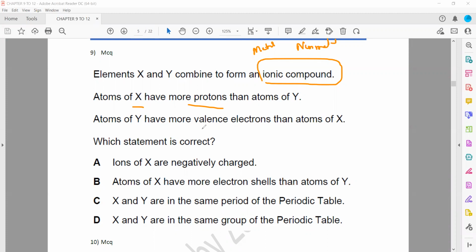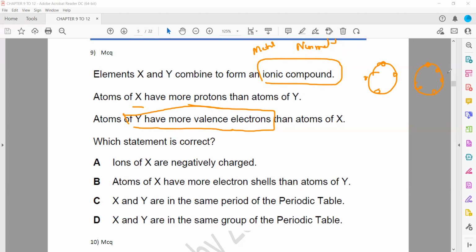Element Y has more valence electrons. When there are more valence electrons, what does it mean? If the number of electrons in the last shell is more, the element is likely to be a non-metal. For a non-metal, group 4, you will find they have 4 electrons. Group 5, you will find they have 5 electrons.